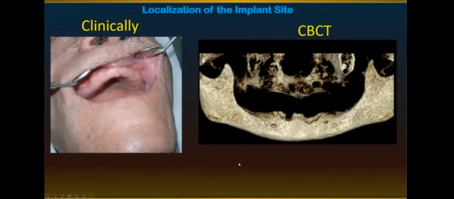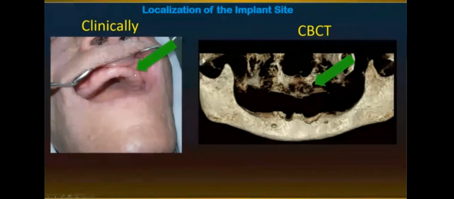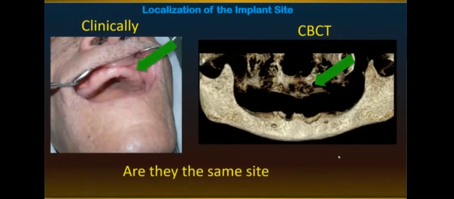For example, if I want to put an implant in this area, in the canine area, I can see that, okay, maybe this area in the patient's mouth corresponds to this area in the CBCT of the patient. The problem is I have to answer this question: are you sure that these two sites are similar? Are you sure that the measurement that you will take here is applicable or reveals the anatomy of this part of the patient's mouth? Of course not.